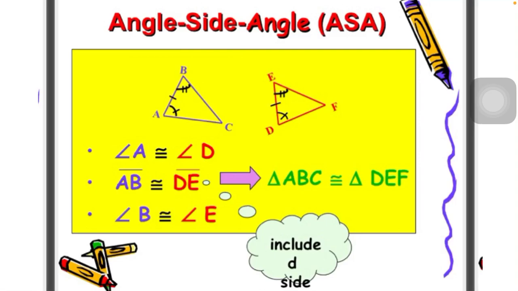Like in triangles ABC and DEF, angle A equals angle D is given, angle B equals angle E is given, and the included side AB equals DE should be given. Then only we can apply the ASA rule.